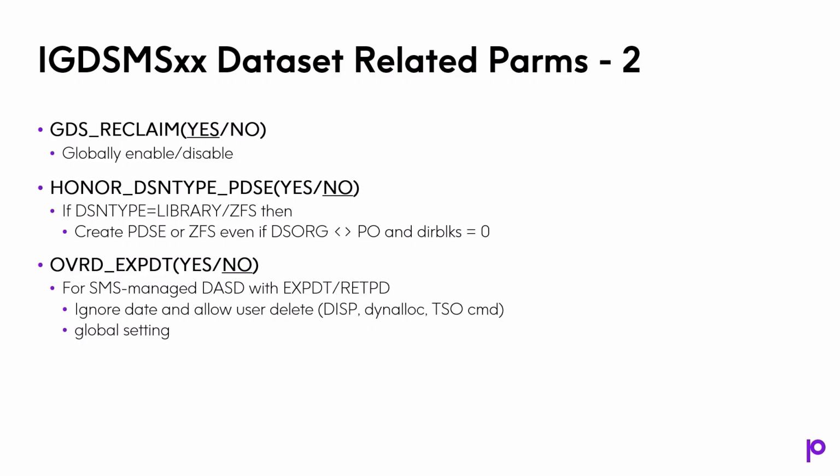That's sometimes useful if you happen to have a bunch of DASD datasets with an expiration date on them, and you don't want to honor those expiration dates. You can say override expiration date yes.